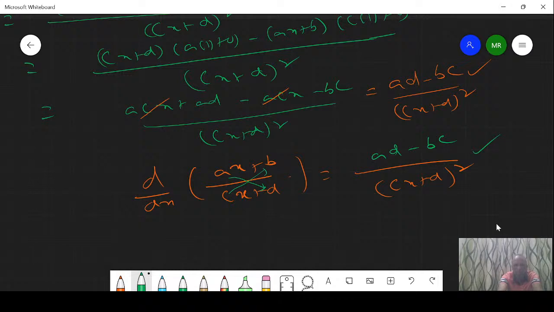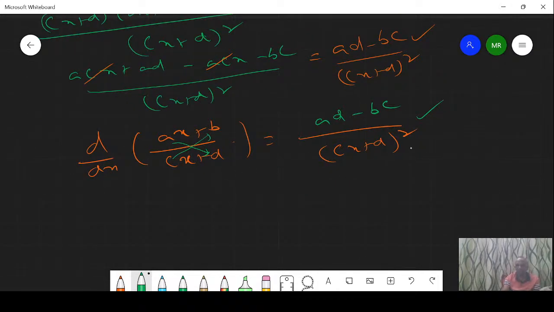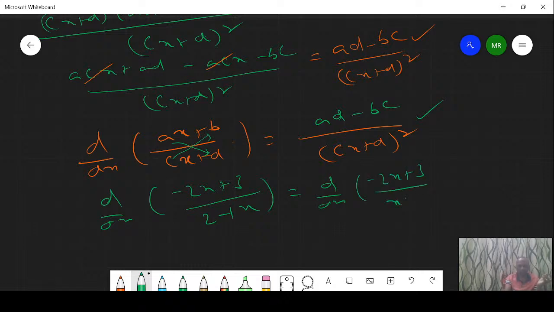For example, I will tell you one problem. To do this quickly, actually in the CBSE or board exam don't use it like this. For CET or any entrance exam you can use this. For example, d by dx of (minus 2x plus 3) by (2 plus x). You should rearrange this as (minus 2x plus 3) by (x plus 2), because I should get the ax plus b by cx plus d form.